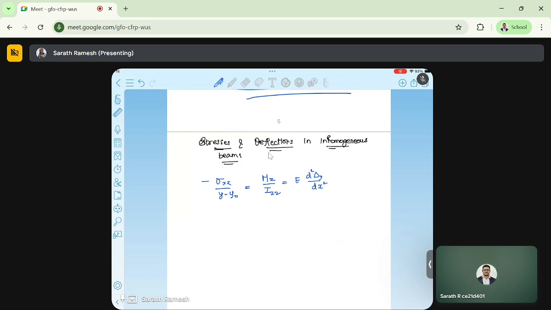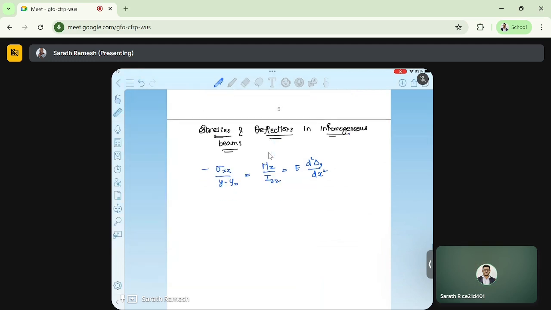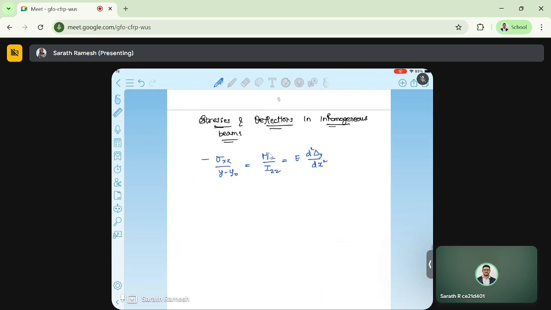Now, suppose I have different materials, what will be the difference? Of course, E in this case is a constant, whereas when the materials are different, the Young's modulus of each material is going to vary, and hence there will be a difference in the equation.